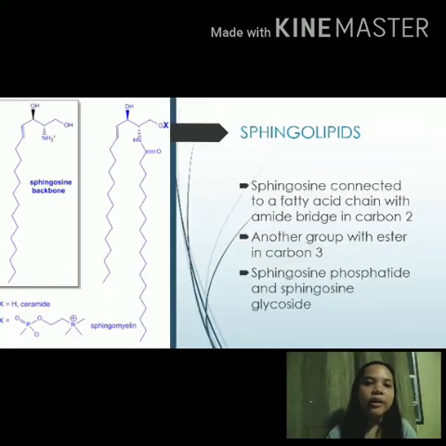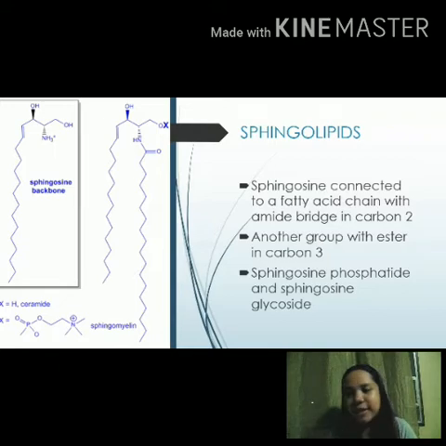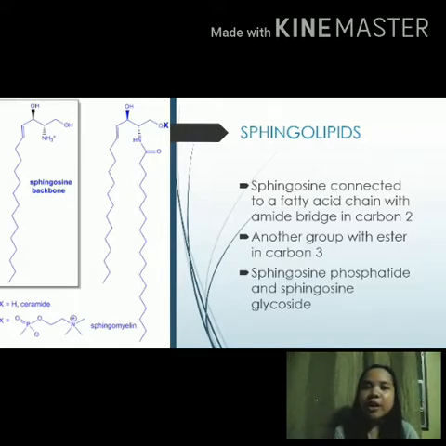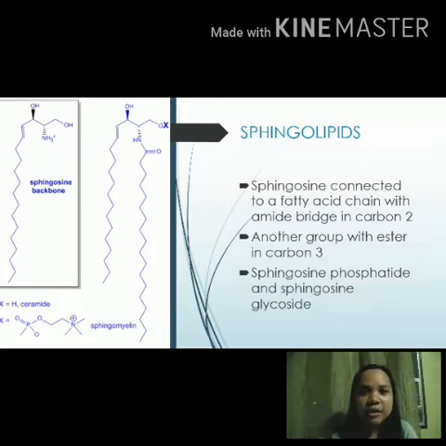So, the last one under the saponifiable lipids is the sphingolipids. The sphingolipids, unlike phospholipids and triglycerides, have a sphingosine as their backbone instead of a glycerol. A sphingosine is a 3-carbon molecule which has an alkyl group in its first carbon, an amine group in its second carbon, and a hydroxyl group in its third carbon.